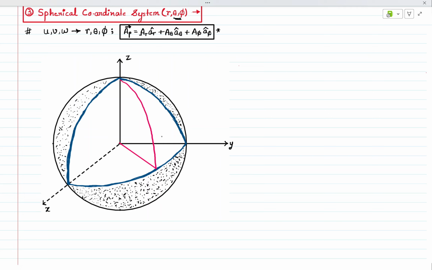This portion is nothing but 1/8 of the whole sphere.